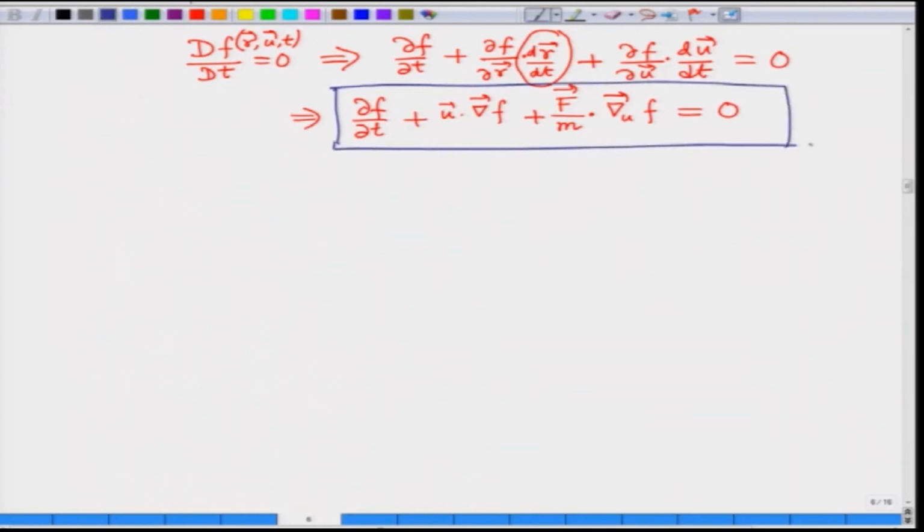This equation is known as the collisionless Boltzmann equation. This equation also has another name, it is called the Vlasov equation. Now, why collisionless?